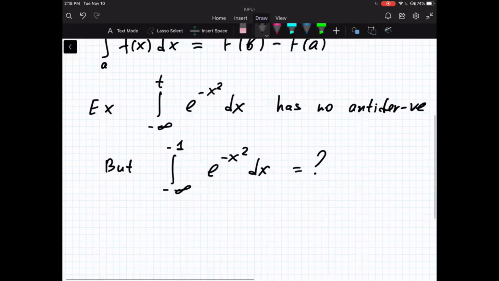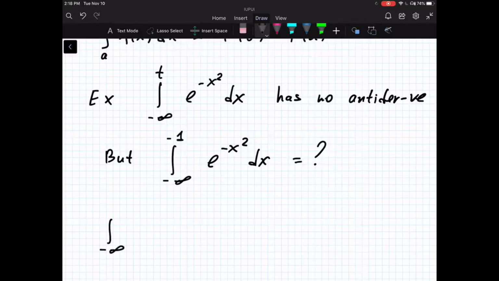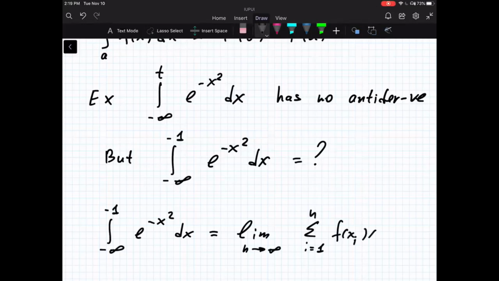First of all, you can approximate this integral using our Riemann sum, right? Because by definition it is this limit when n goes to infinity, summation, i runs from 1 to n, f of xi, delta x, and so on.